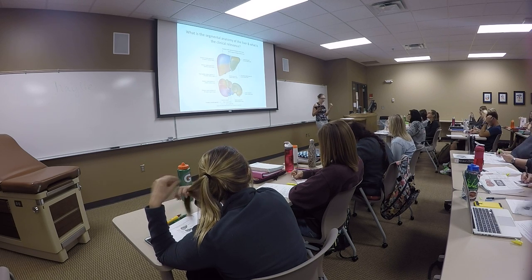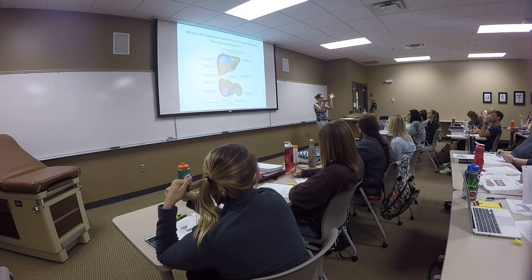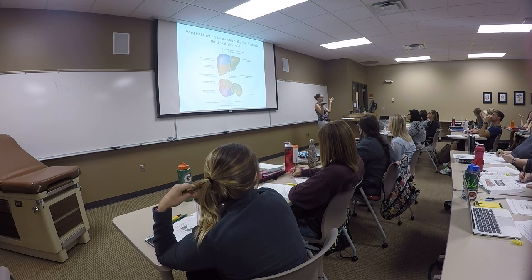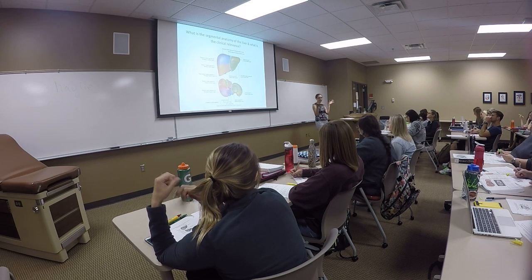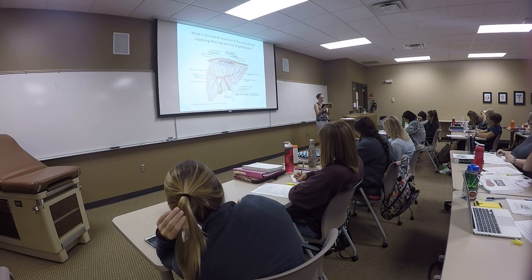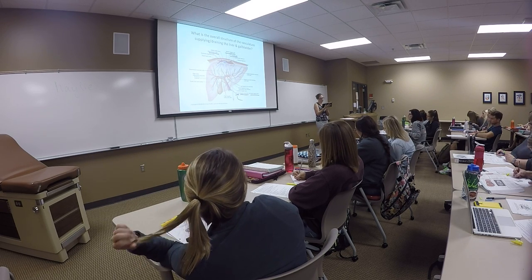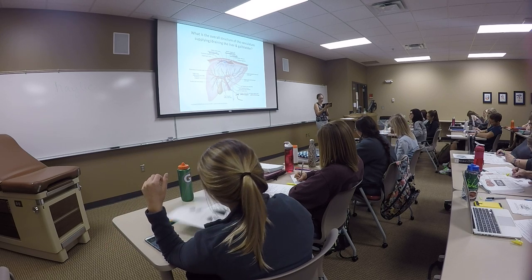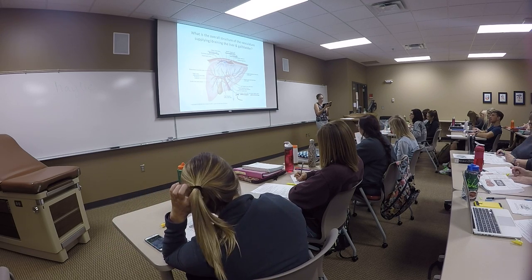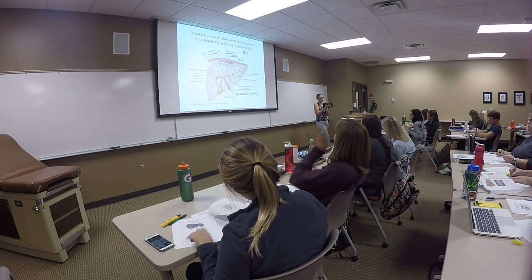I wanted to point out also that the whole network of bile ducts is called the biliary tree. I meant to point it out on this slide. So all the bile ducts, everything. Anyways, it's the biliary tree.